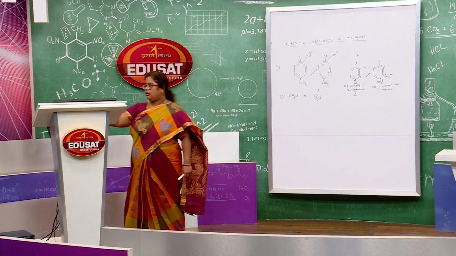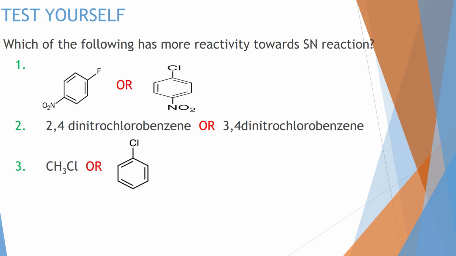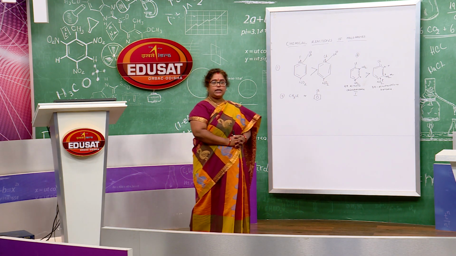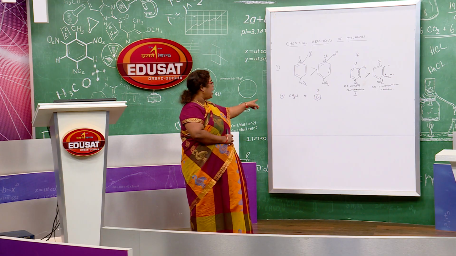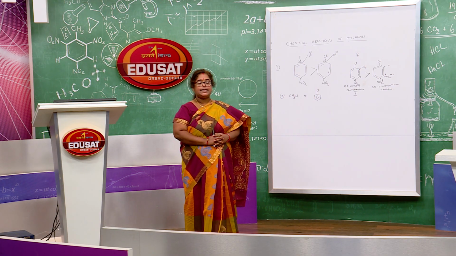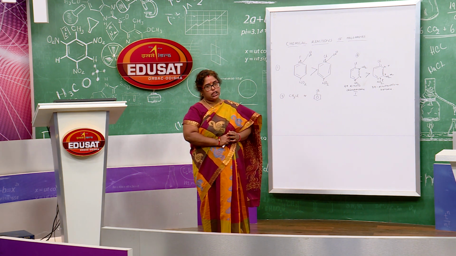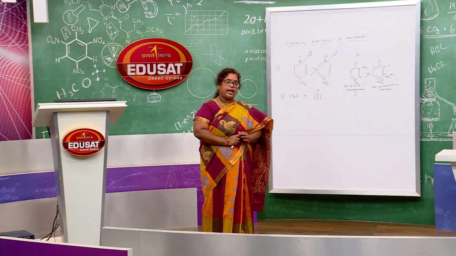Then go to question number 3. What is the question? Please see. Which one of these two has more reactivity, methyl chloride or chlorobenzene? You just guess and I will tell you the answer if you can't. From these two compounds, the methyl group is an alkyl group and the phenyl group, or C6H5 group, is an aryl group.